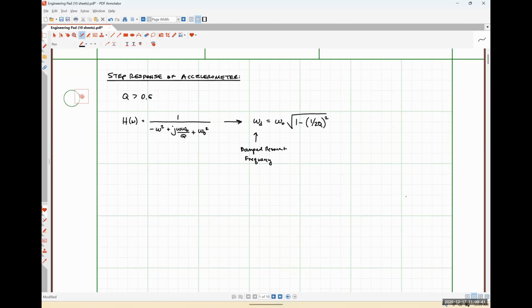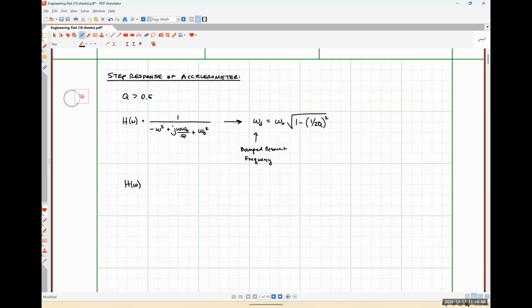So if we were to substitute in this definition of omega d, we could get a transfer function for our system that effectively explains why we have that exponentially decaying sinusoid, okay?